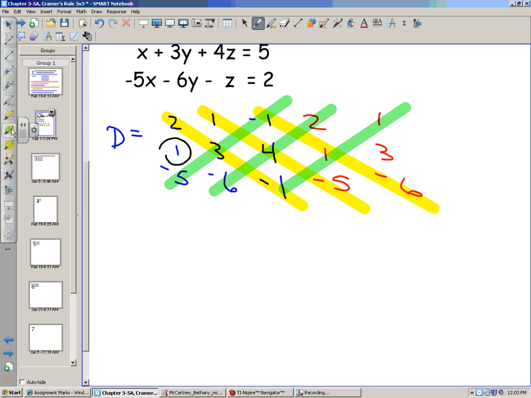This 1 is actually hanging out right here, isn't it? That 1 is actually right here. What about this 3? It's that 3 right there. So I've used it, haven't I?